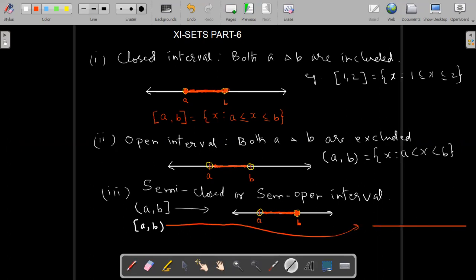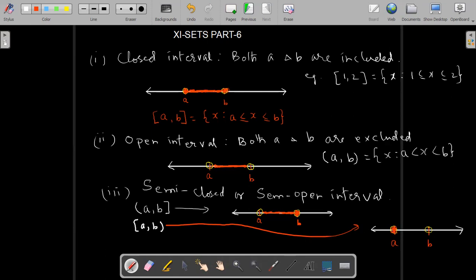You can draw the line and take the points A and B, the interval A to B, whatever points are given, 2, 3, 4, 5, 1, 2, whatever it is, and then draw circles at A and B. B side is excluded, A side is included. So B is excluded. Now this left side circle has to be filled.